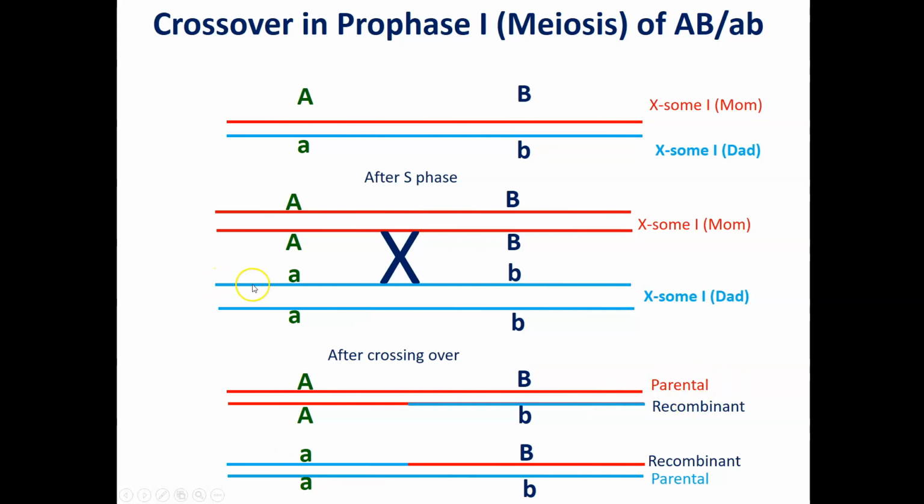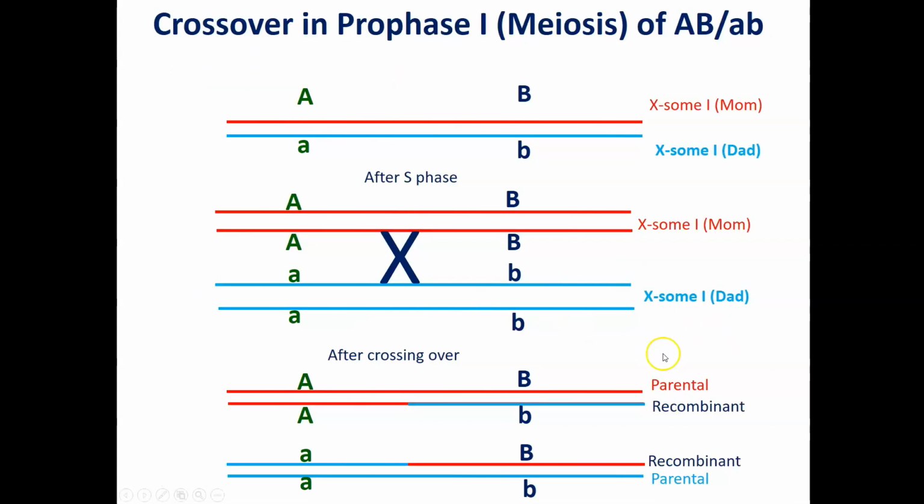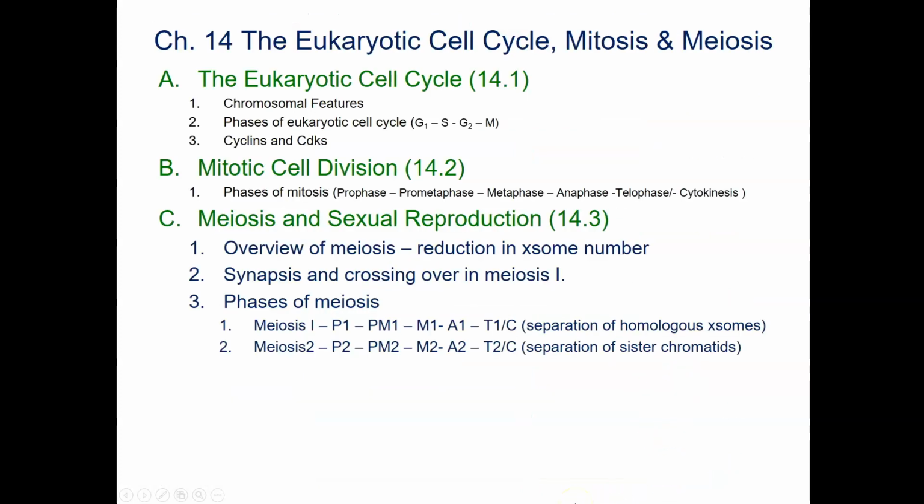Here we had a crossing over event going from the little a from dad to cross over and pick up big B from mom. And then here we have another parental strand that looks exactly like what dad had initially. So again, you can end up with 4 different haploid cells that all are going to look different from one another.